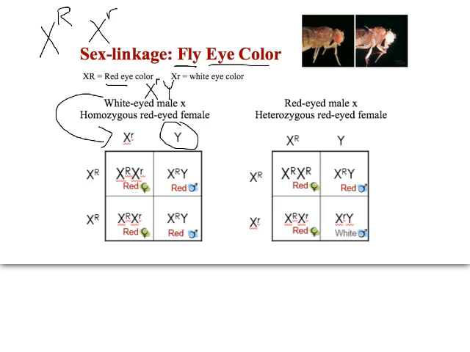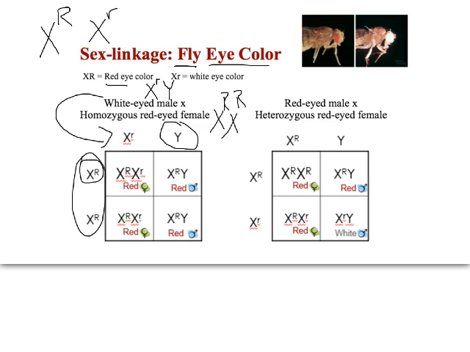And then this male is being crossed with a homozygous red-eyed female. So this genotype is going to be capital R, capital R, because they're homozygous for red. So this is my female's genotype.